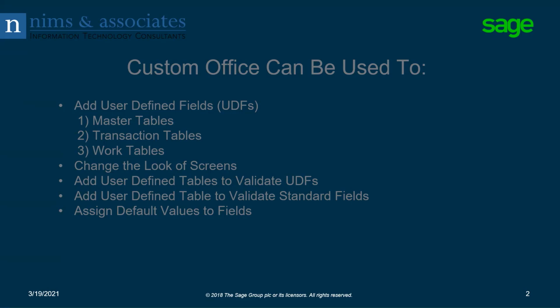We can also add user-defined fields to work tables, the tables that are used to feed standard Sage 100 reports. And the values that come from those user-defined fields can be entered into the user-defined field directly in one of the transaction entry screens. Or sometimes what we do is actually pull the value from a standard field and populate the user-defined field.